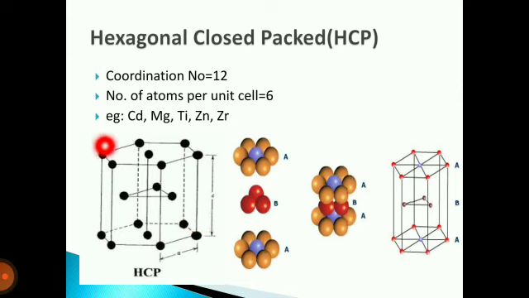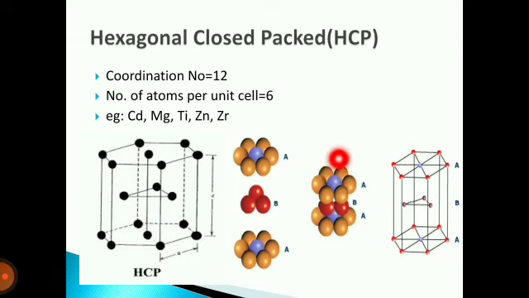Okay, you can see in top layer there are 6 atoms and the 7th atom fits in the middle of the top hexagonal face, and in the bottom hexagonal layer there is one atom present in the middle of this bottom layer.